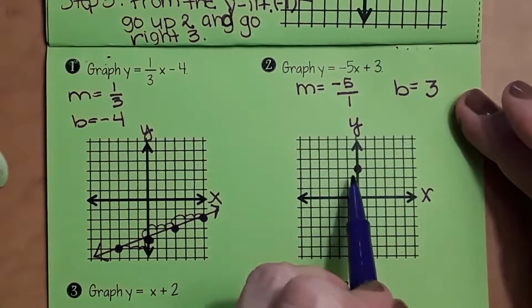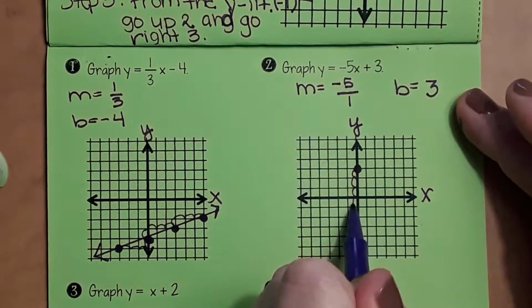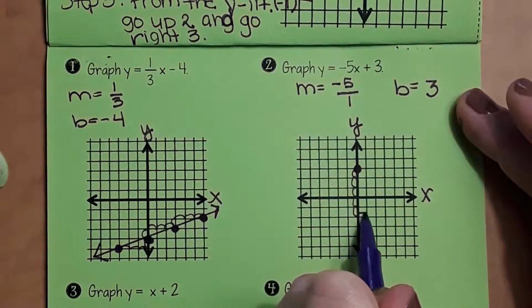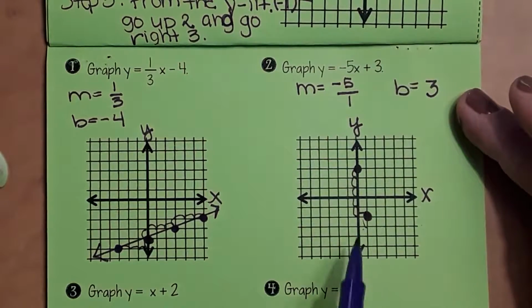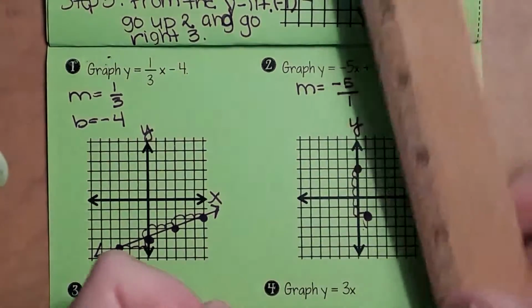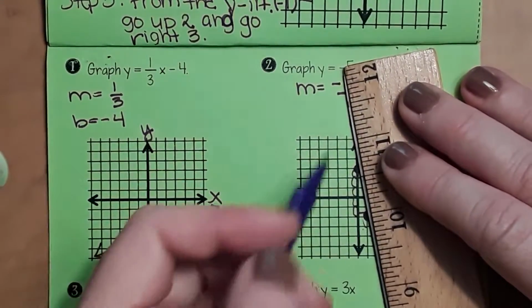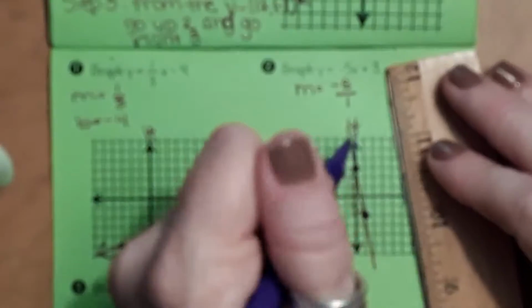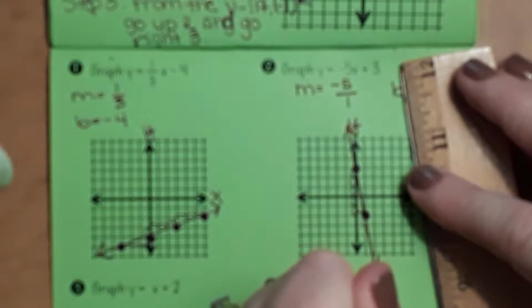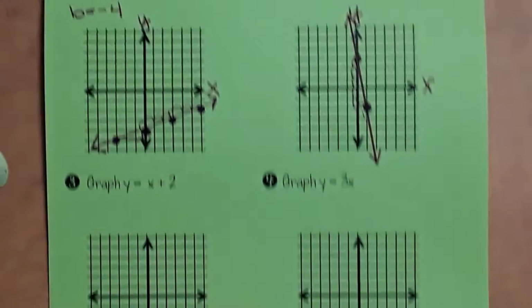I can't go up 5, so let's go down 5. Down 1, 2, 3, 4, 5, over 1. Let's see if we can go down one more to get another point. Down 1, 2, 3, 4. We are unable to, so unfortunately we're just going to use those 2 points. Again, use that ruler as your straight edge. Connect the 2 points. And you're finished. All right, 2 more to go.